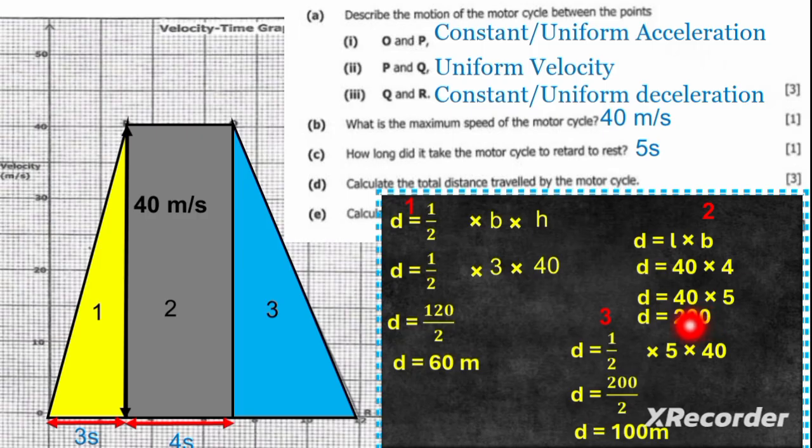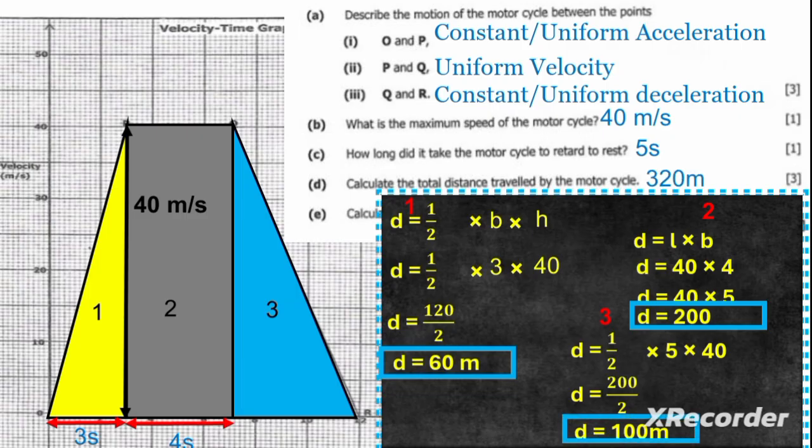Okay. So ladies and gentlemen, there was a mistake here. Here we're supposed to have 160, not 200. So if we say 40 times 4, we are going to get 160. Then 160 plus 60, we are going to get 220. 220 plus 100, we are going to have 320.